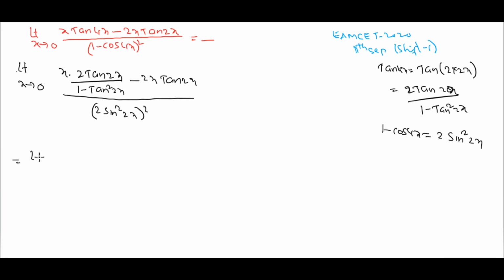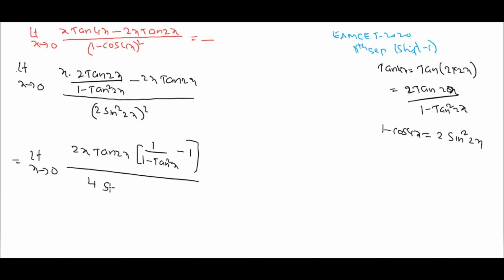That is equal to limit x tends to 0, numerator 2x tan 2x is common, that is 2x tan 2x common, that is 1 by 1 minus tan square 2x minus 1 by this, which is 2 sin square 2x whole square, that is 4 sin power 4 2x.